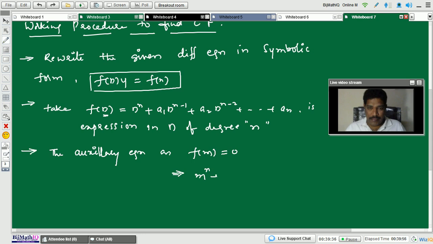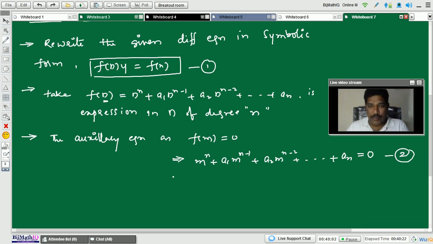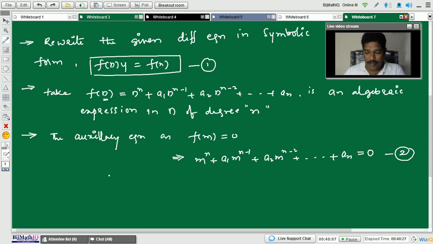Then m power n plus a1 into m power n minus 1 plus a2 into m power n minus 2 plus so on, plus an equals 0, because the auxiliary equation is equated to 0. Call this number 2. It is an algebraic equation, right?